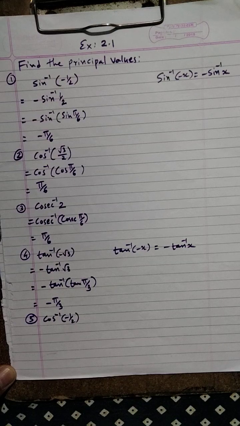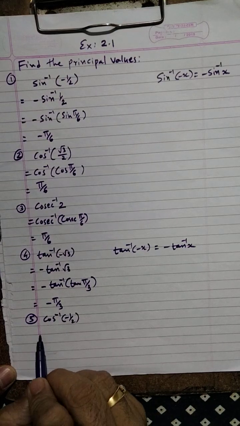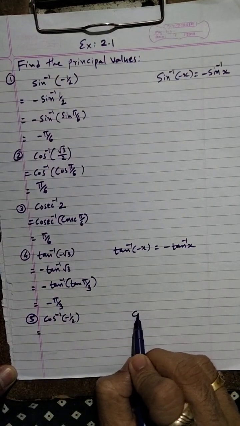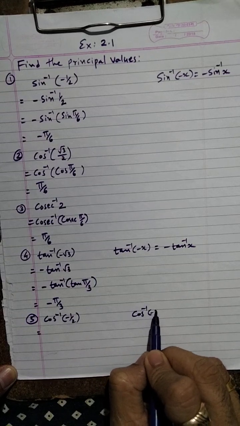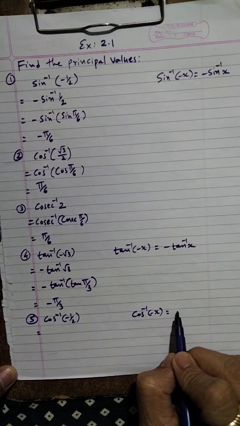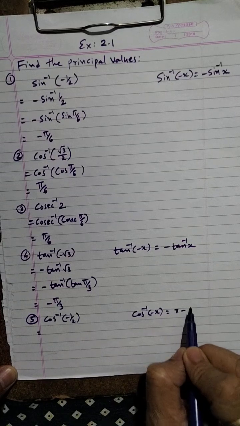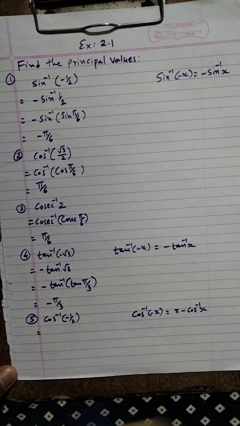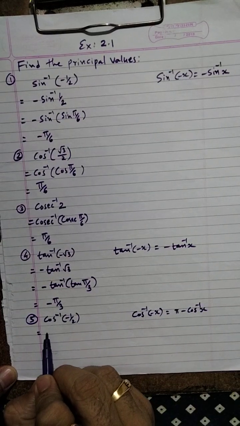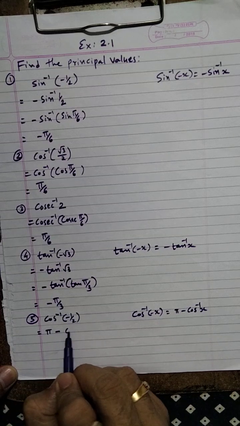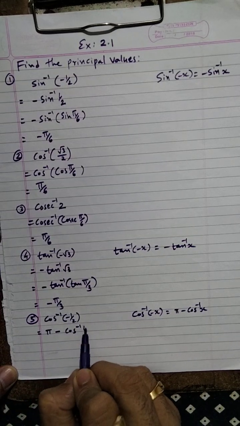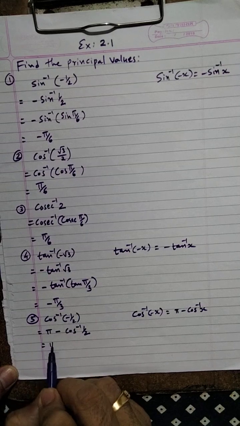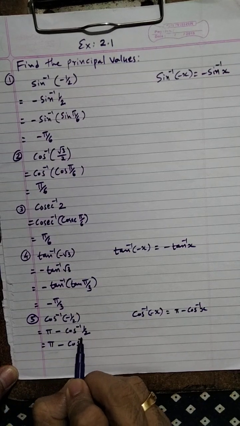Number 5, cos inverse minus 1 upon 2. Here cos inverse minus x is equal to pi minus cos inverse x. So we have to write pi minus cos inverse 1 upon 2 is equal to pi minus cos inverse.